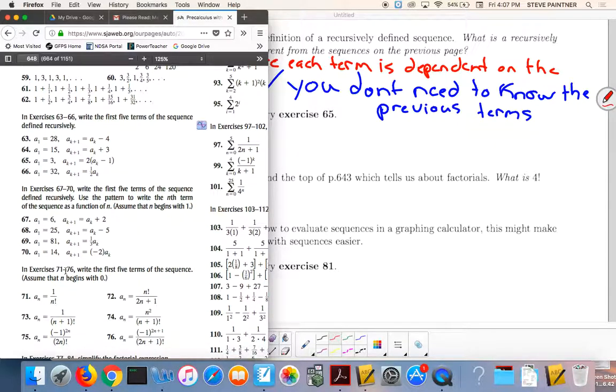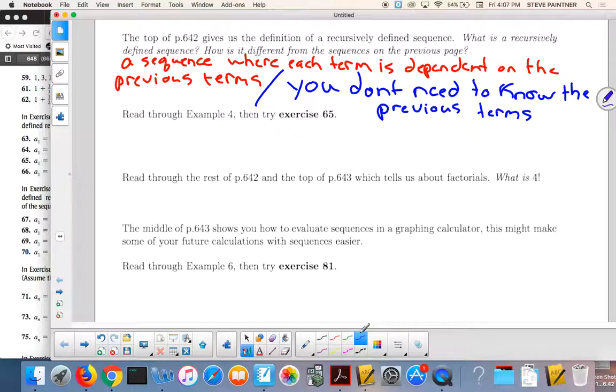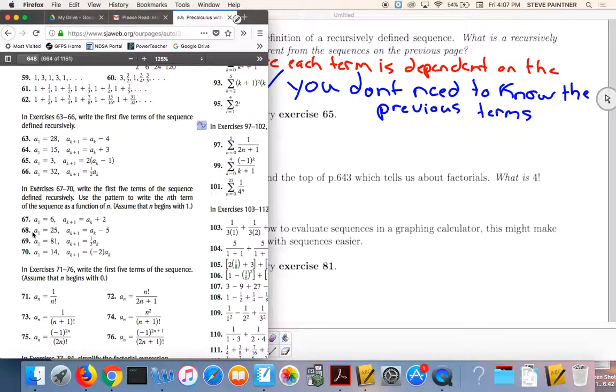Okay, exercise 65 wants us to write the first 5 terms of the sequence that's defined recursively. So it says A sub 1 is 3, so I'm just going to write that here. A sub 1 is equal to 3, and then A sub k plus 1 is equal to A sub k minus 4.